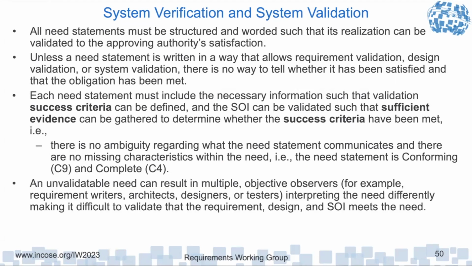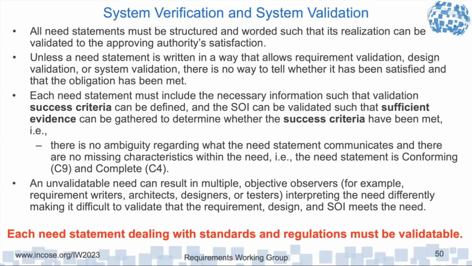An unvalidatable need can result in multiple objective observers, for example, requirement writers, architects, designers, or testers, interpreting the need differently, making it difficult to validate that the requirement, design or system of interest meets the needs. So each need statement dealing with standards and regulations must be well-formed and must be validatable.